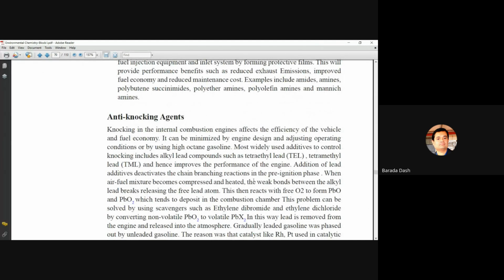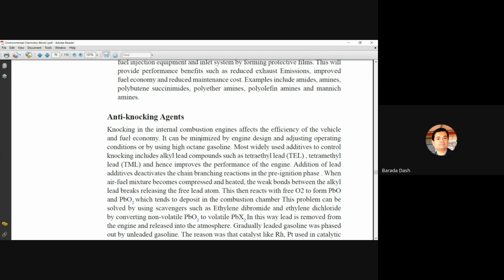So the first is anti-knocking agents. Knocking in the internal combustion engine affects the efficiency of the vehicle. If you add an anti-knocking agent in the combustion engine of your vehicle, it will increase the combustion efficiency.